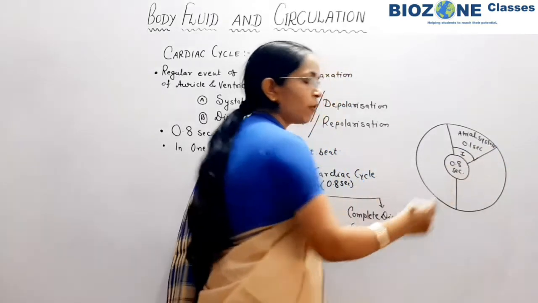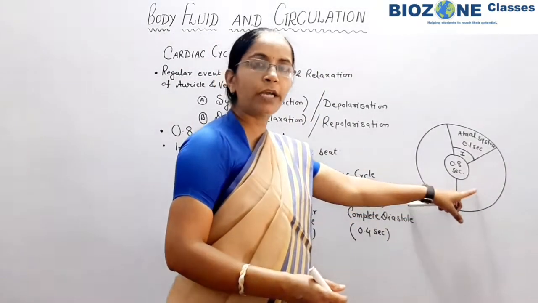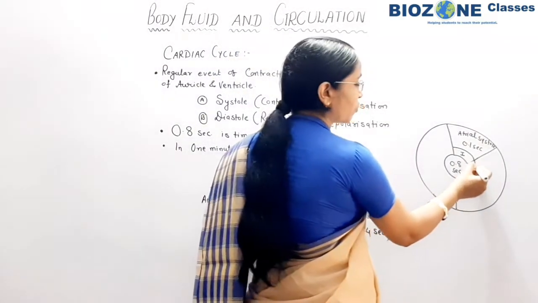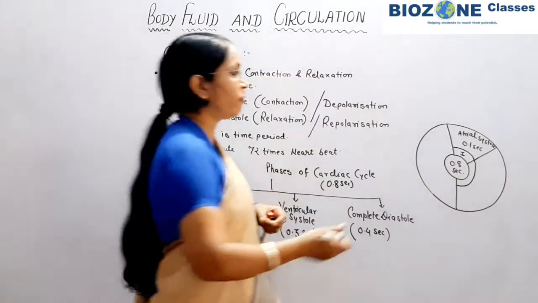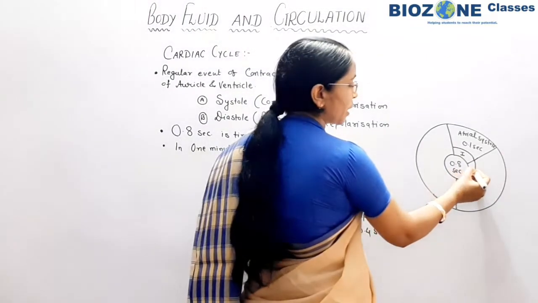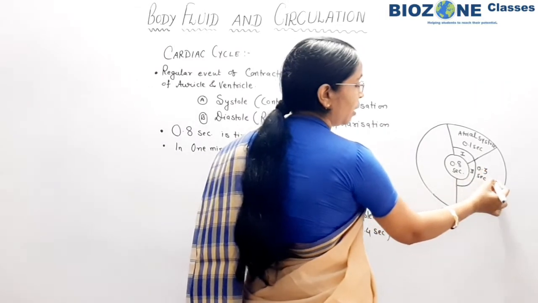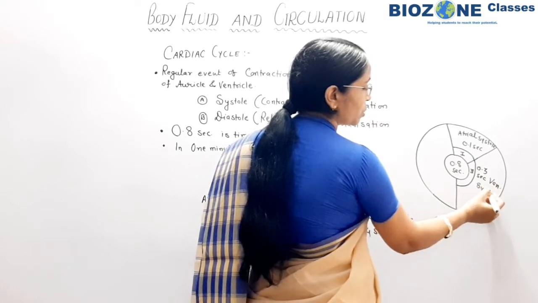After that, the wave of systole or wave of contraction is transported towards the ventricle, and the ventricles come into systolic condition, or you can say depolarization of the ventricle takes place. The second phase is completed in 0.3 second, and commonly this phase is called ventricular systole.